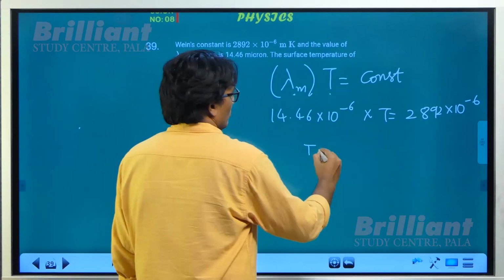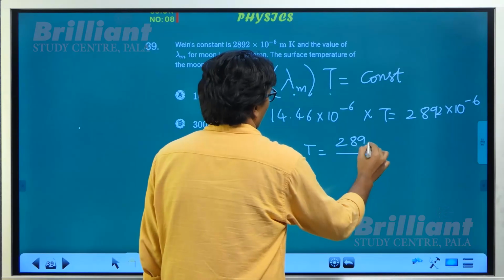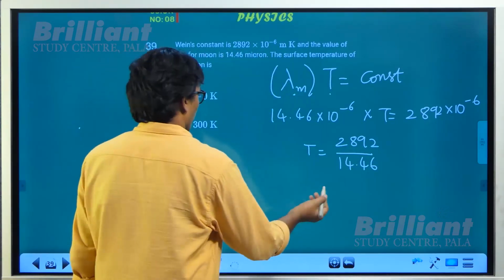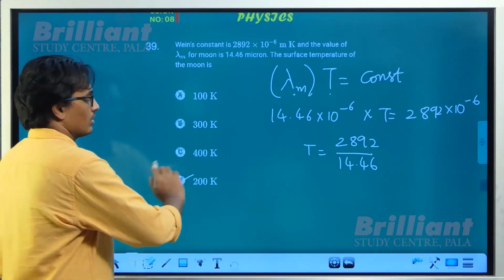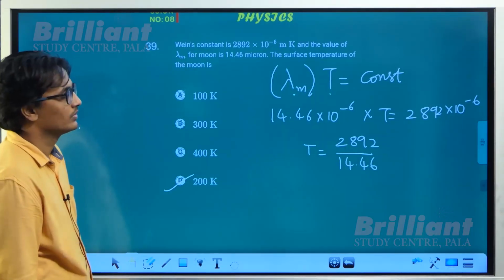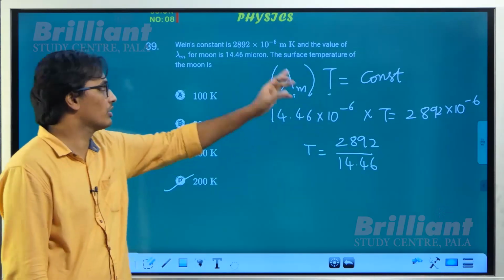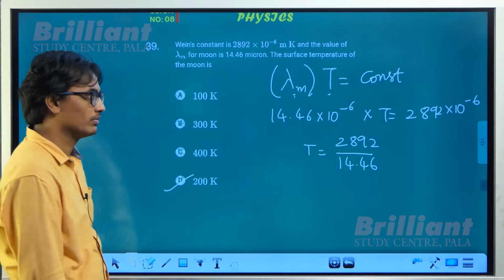So you'll get T is equal to 2892 by 14.46, which is approximately 200, I guess. Direct formula, Wien's displacement law: lambda m into T is constant. They give the constant and they give lambda m also.